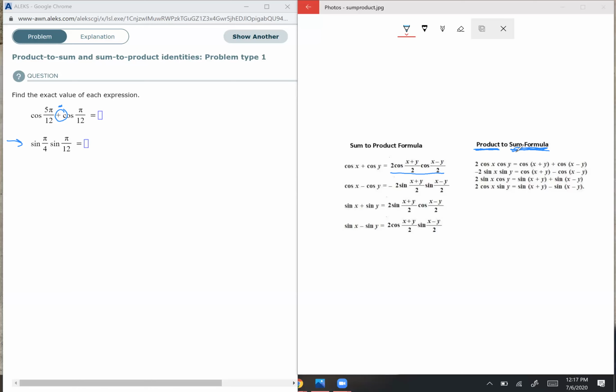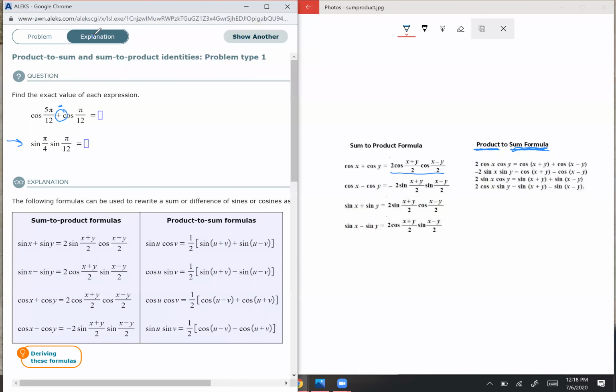And you guys, I think your identities, let me pull them up. So you guys, I want you to notice the difference. I usually use these identities here that I have in this picture. Notice the 2 in front of all of these products.